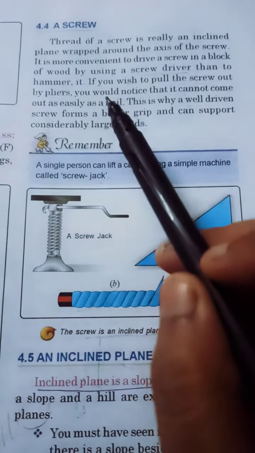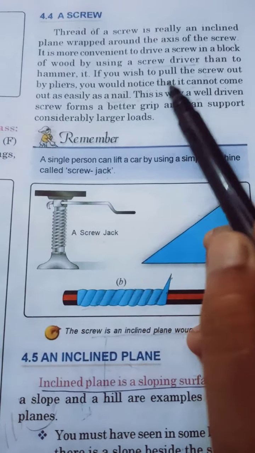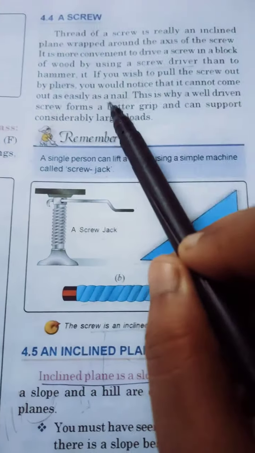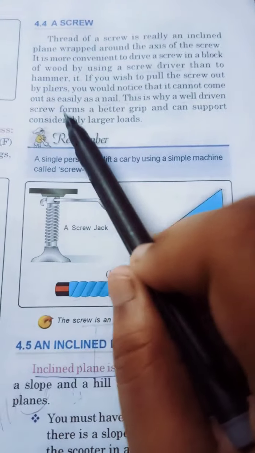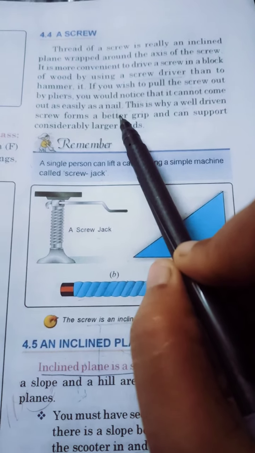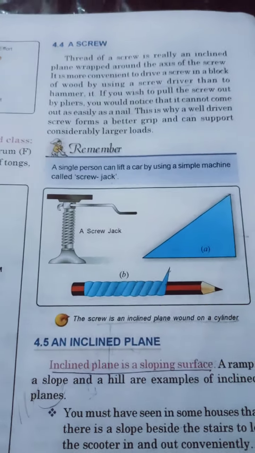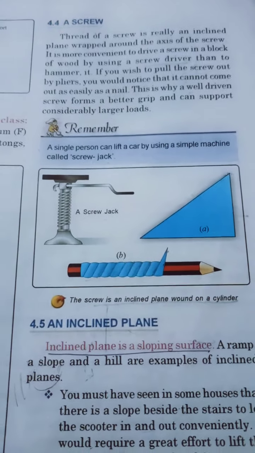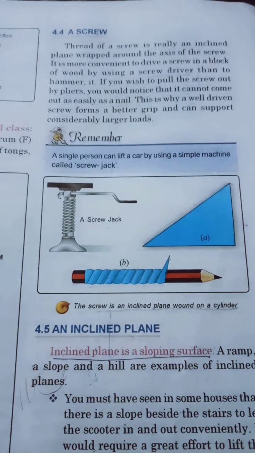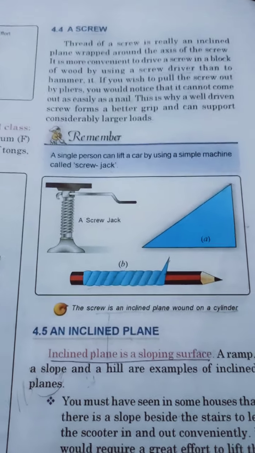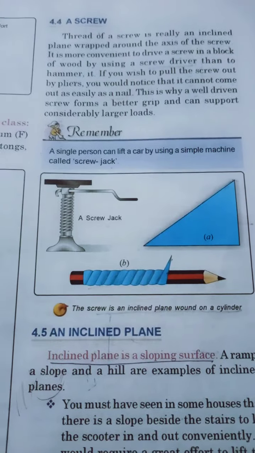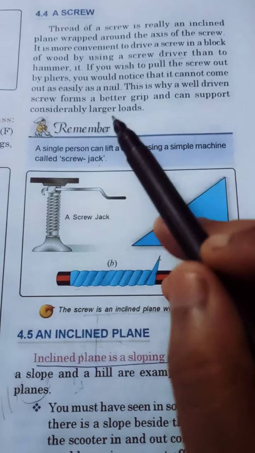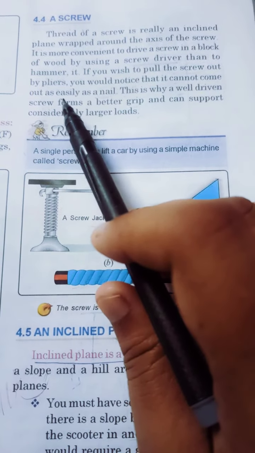If you wish to pull the screw out by pliers, you would notice that it cannot come out as easily as a nail. If we are going to take it out from any wood or a wall, a nail can easily come out, but a screw cannot come out with a plier, right?